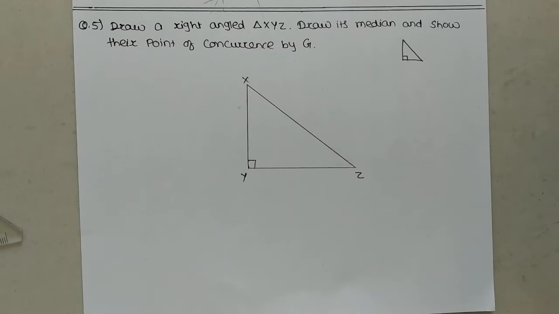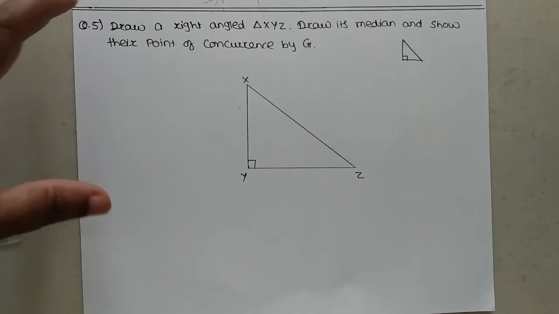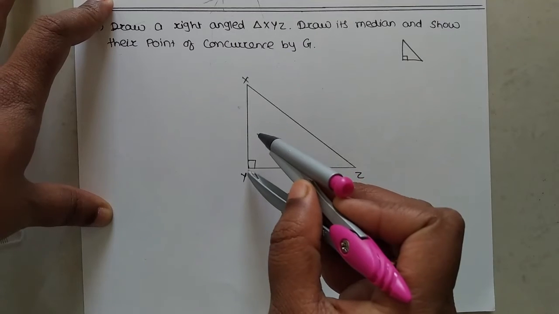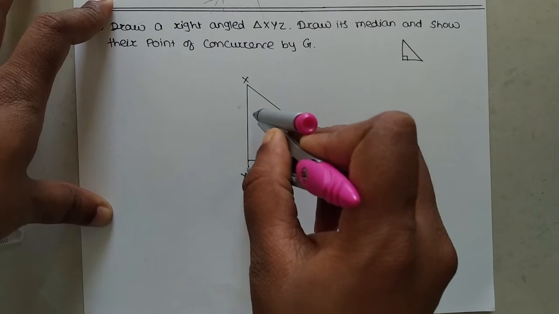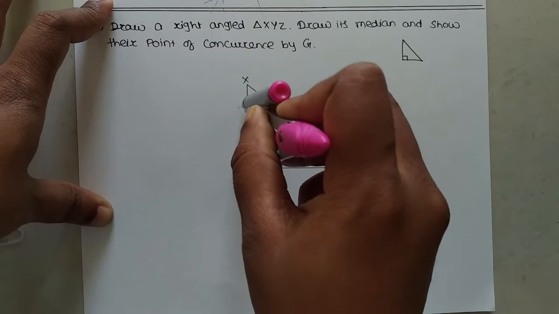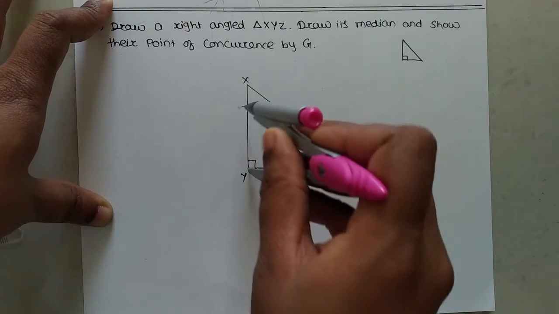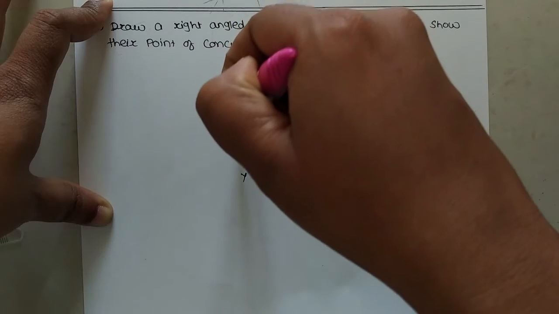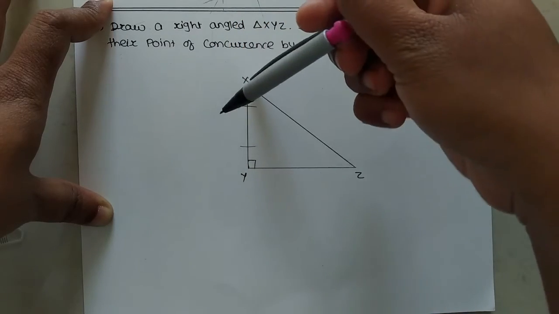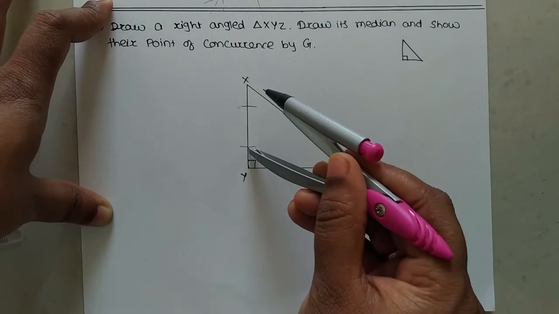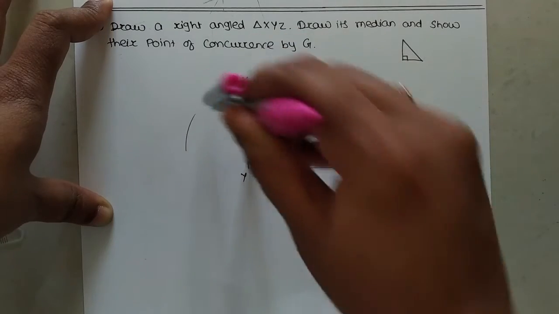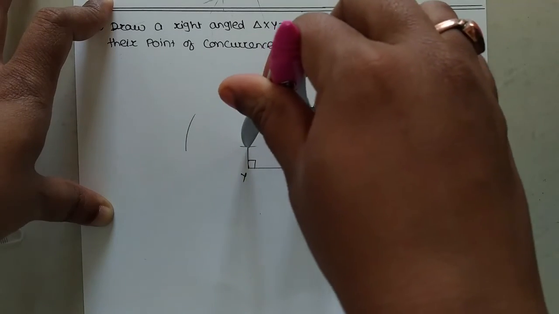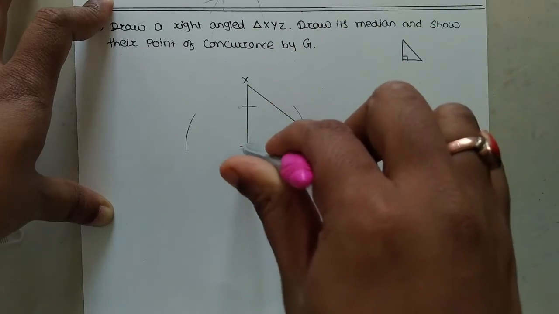For drawing the median, first of all we have to find out the midpoint of the side. Okay, so consider this side first, and take more than half the distance in your compass. Draw one arc here with the same distance. Put the compass point here and draw one arc here. Clear? Now with the same distance, draw one arc here and here.